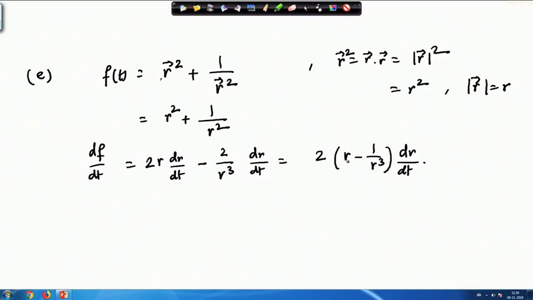Now this r is basically mod of r. I can write it as mod of r minus 1 by mod of r cube, and then mod of r dr/dt. So this is the required result. All right.